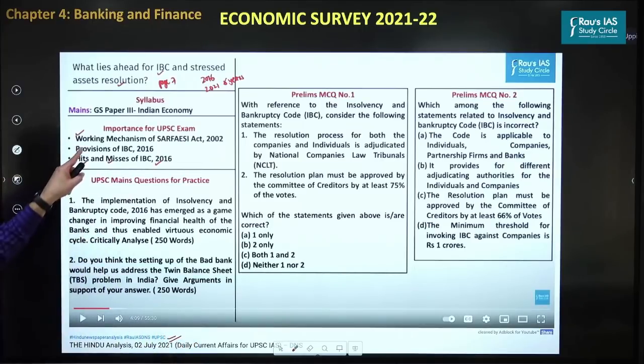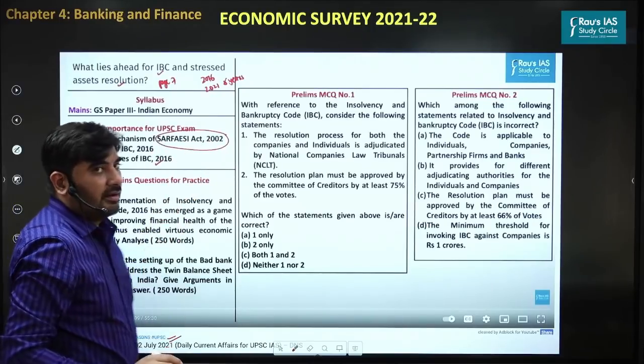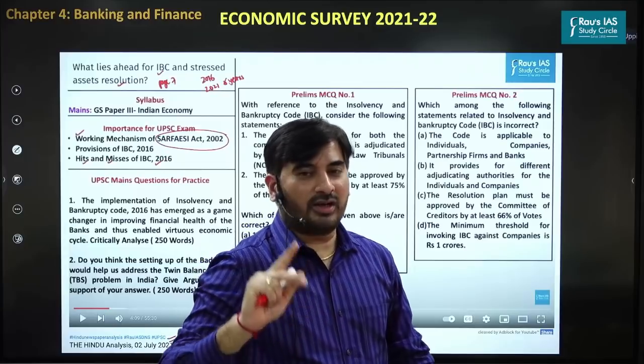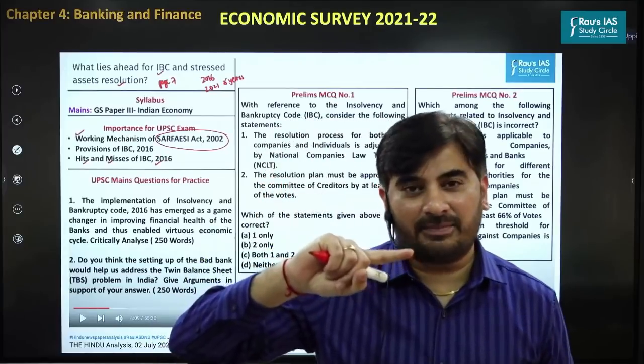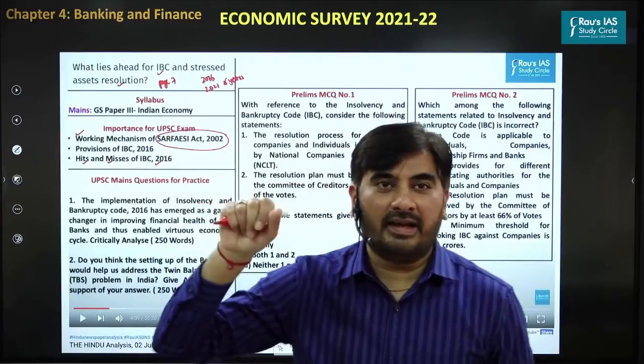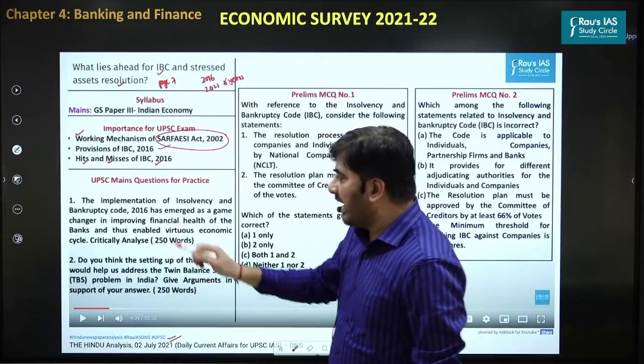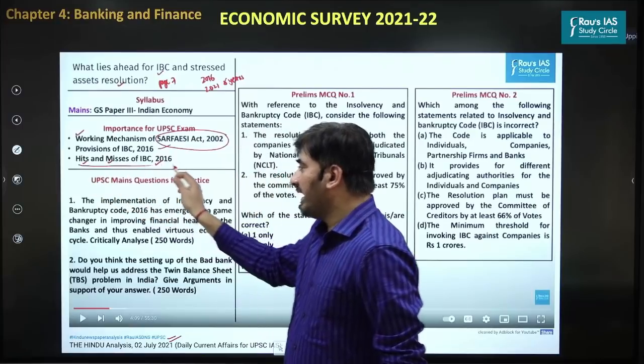So as you can see in this particular DNS, I discussed the working mechanism of SARFAESI Act. In particular, I have discussed what are the differences between the SARFAESI Act and the Insolvency and Bankruptcy Code, IBC and SARFAESI. Then I have discussed the important provisions of IBC. Then I had also carried out a critical analysis of IBC.